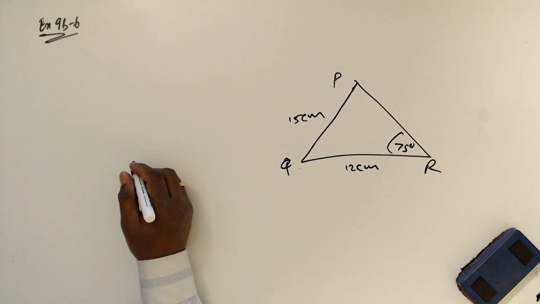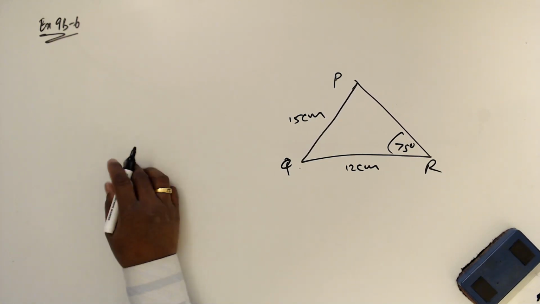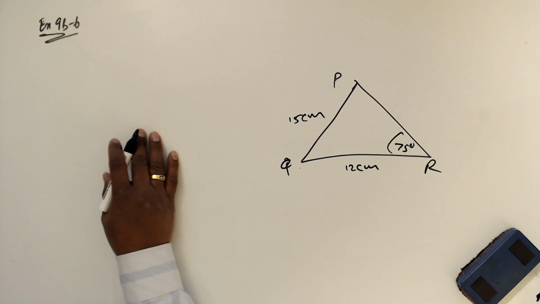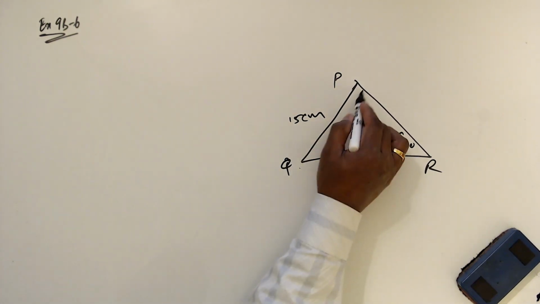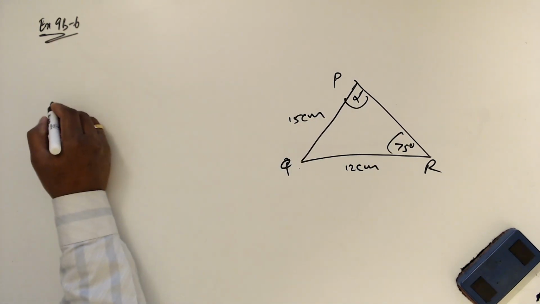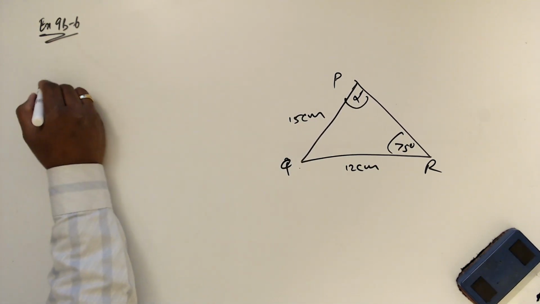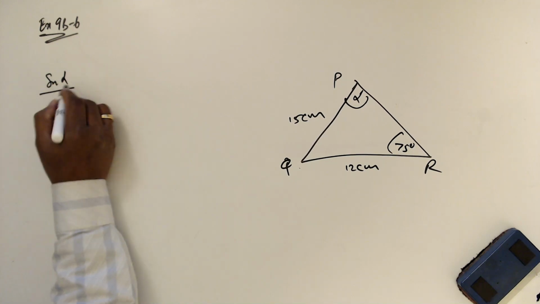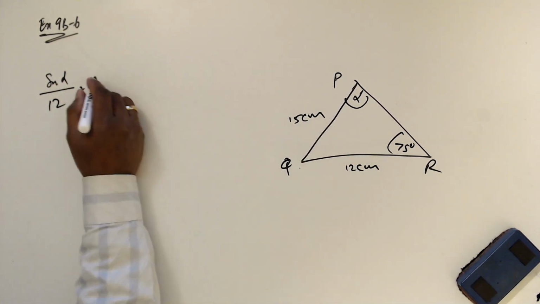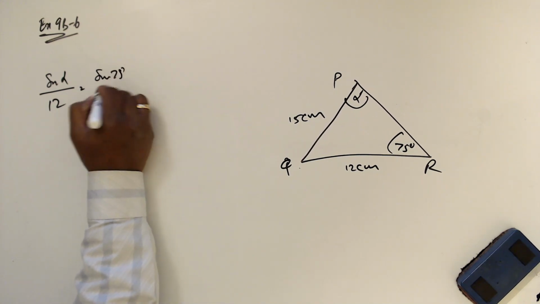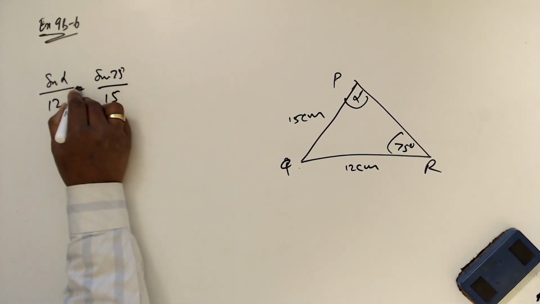Question number 6. We want to find the angle, I'll take this one, alpha. So sine alpha over 12 equals sine 75 over 15.